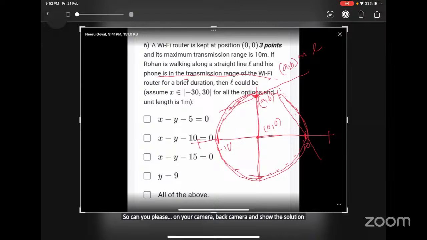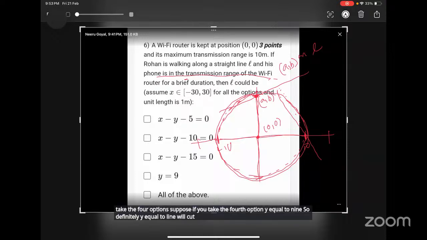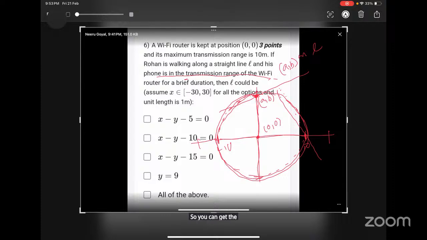I don't have the solution, ma'am, but I tell you what I'm showing here. If you take the fourth option, y equal to 9, definitely y equal to 9 will cut the circle x square plus y square equal to 100. So you can get the length of the chord.